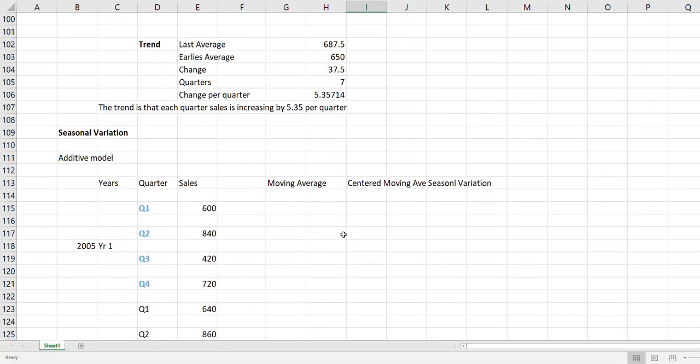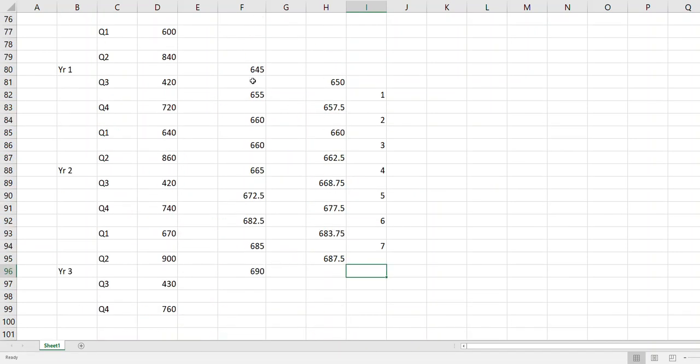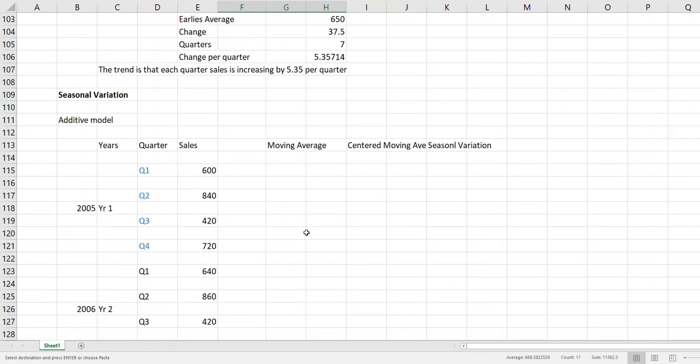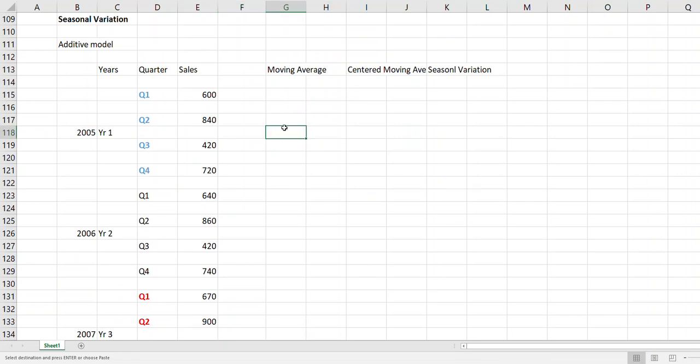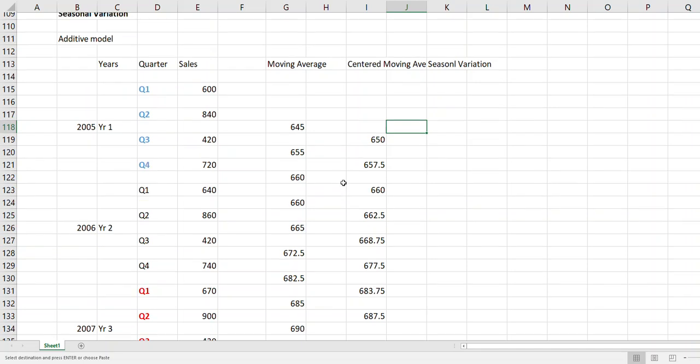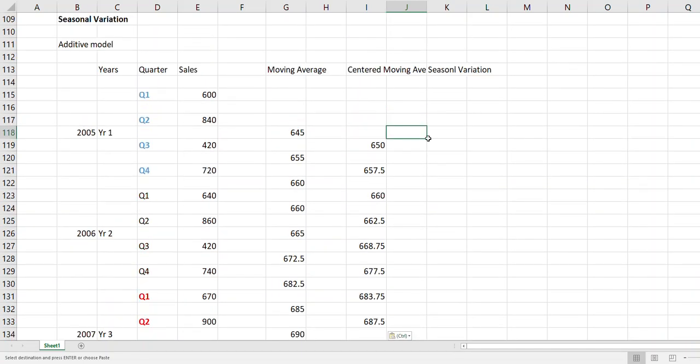There are 2 methods of doing it. One method is the additive model, another method is the multiplicative model. So the data that we have done up to this point, I'll bring it here. Now, in the additive model, we look at the change in the seasonal variation.